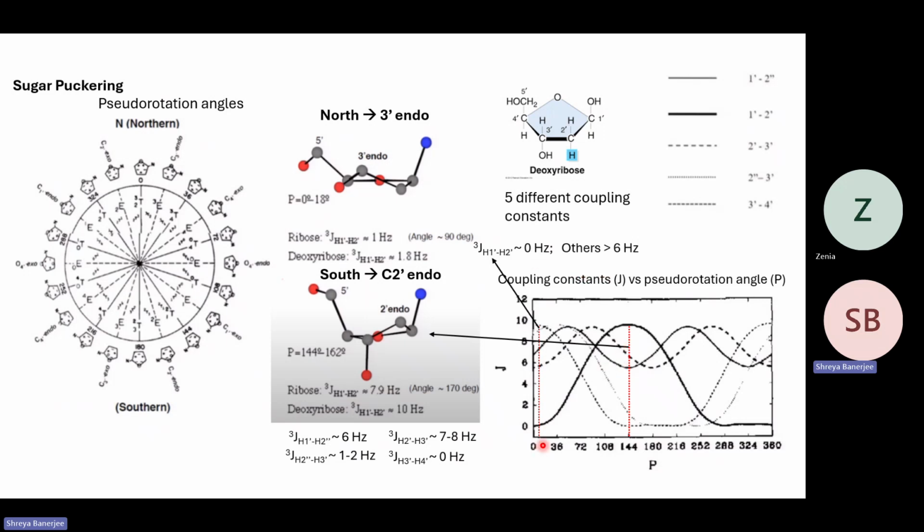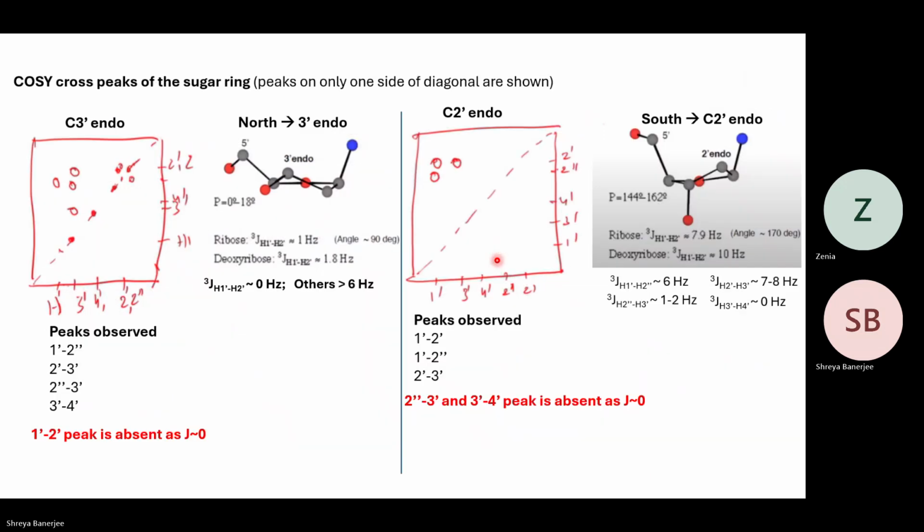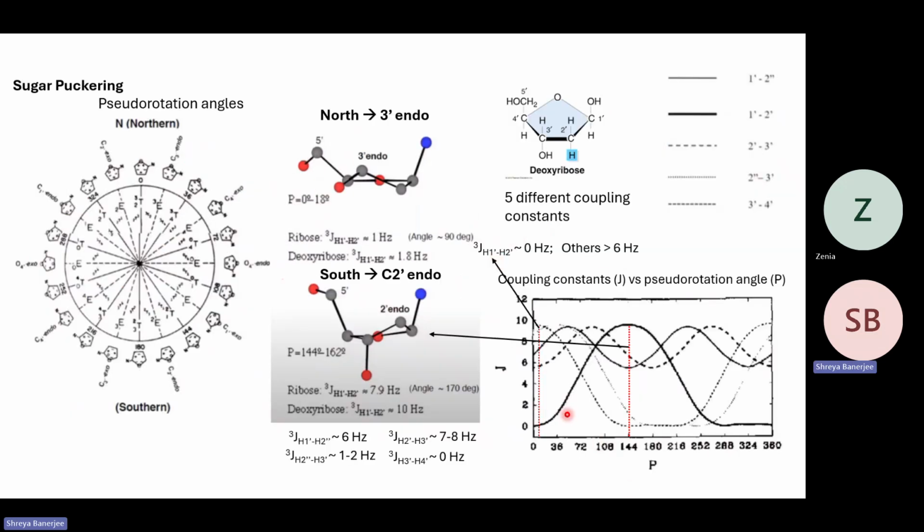So again, I'll repeat, at the P values of the 3' endo or north structures, this J value, sorry, this is the 1', 2'.